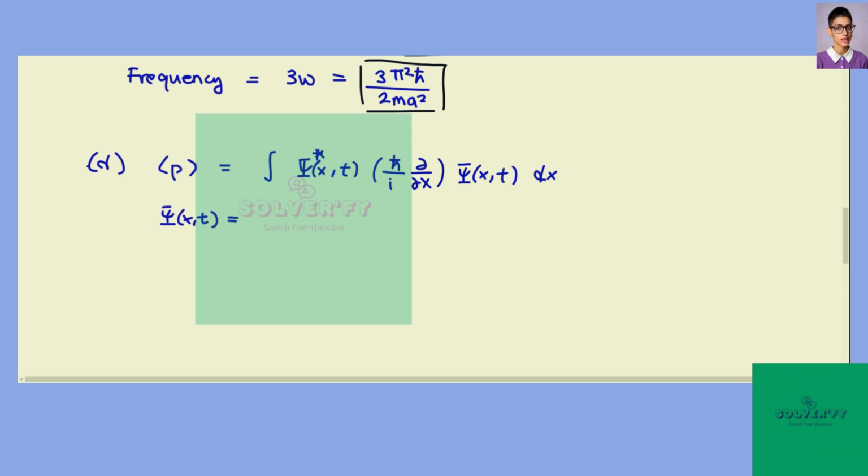So let's just write down what our psi of x and t is. Psi of x and t is 1 over root a, sine pi x over a e to the minus i omega t, plus sine 2 pi x over a e to the minus i 4 omega t.